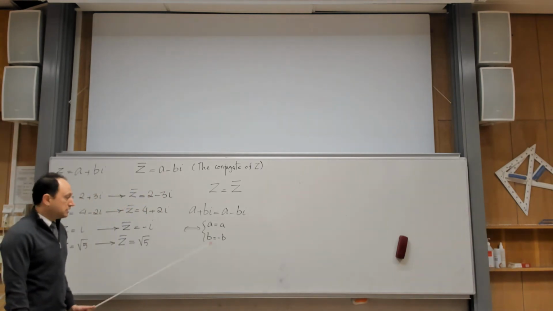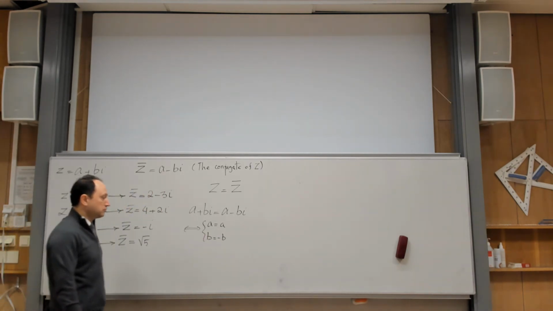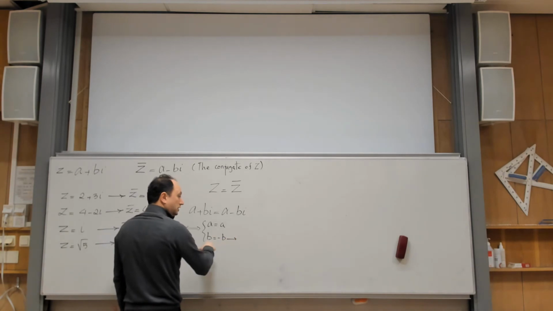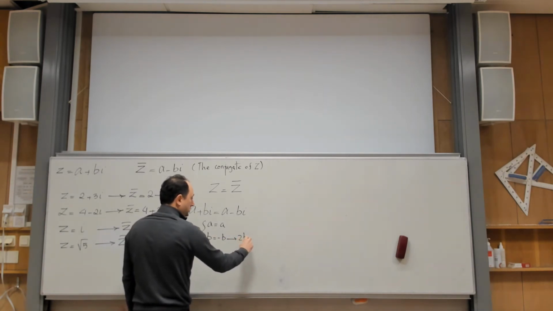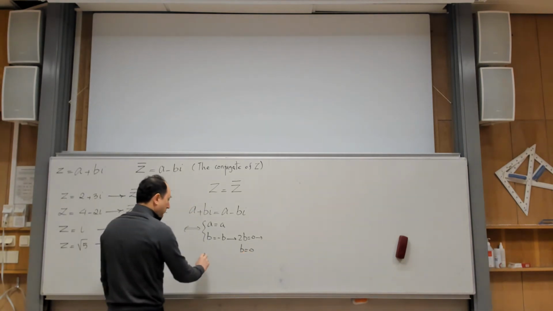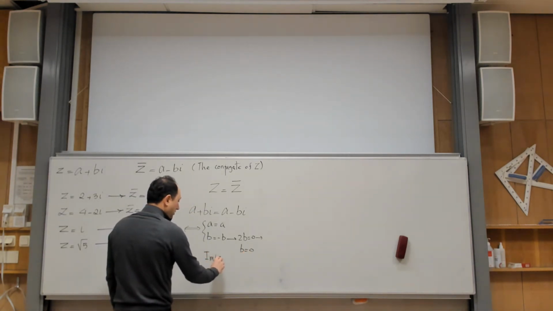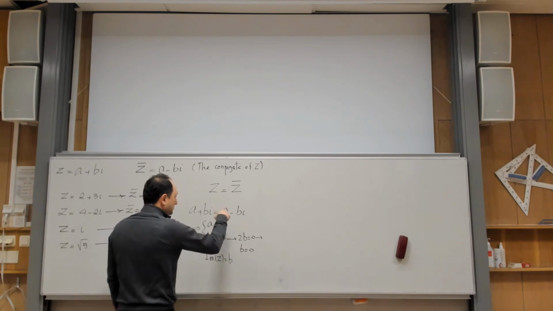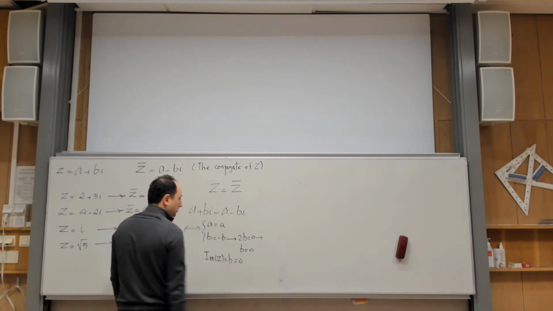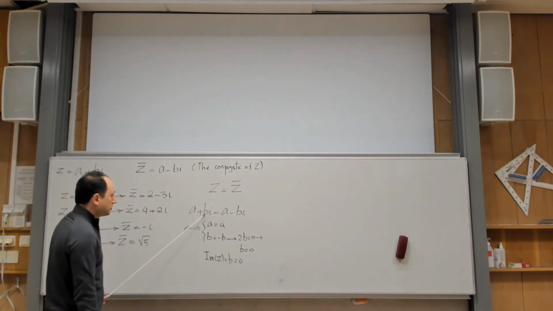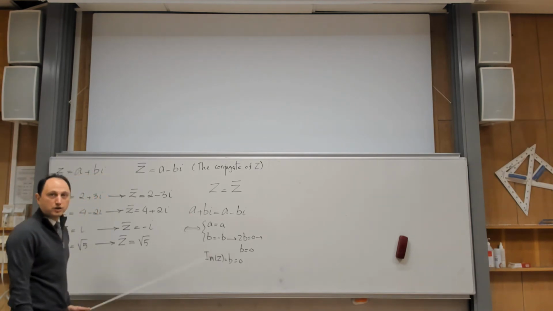But if b is supposed to be equal to minus b, I move it to the other side, positive b, positive 2b equals 0. So it gives me b is equal to 0. So the imaginary part of my complex number, which is b, is indeed 0. So this means that there is no imaginary part, so that is real.